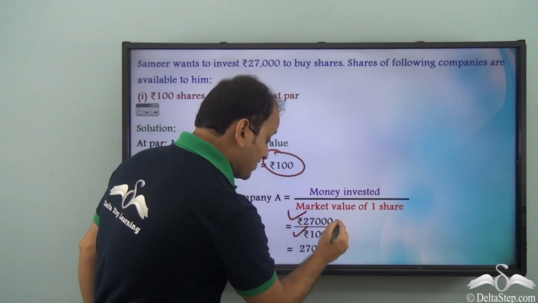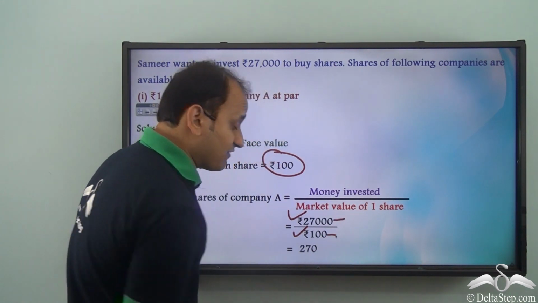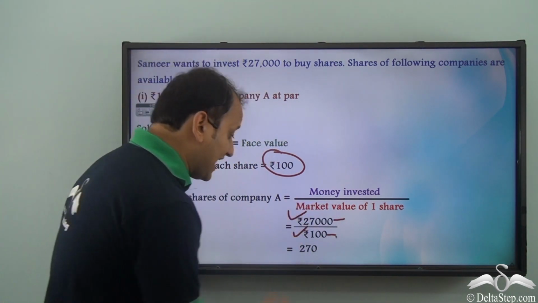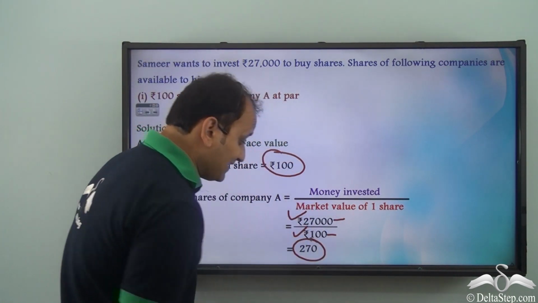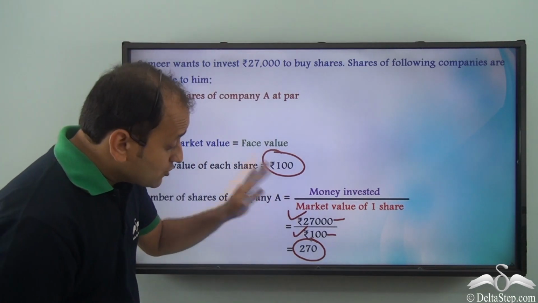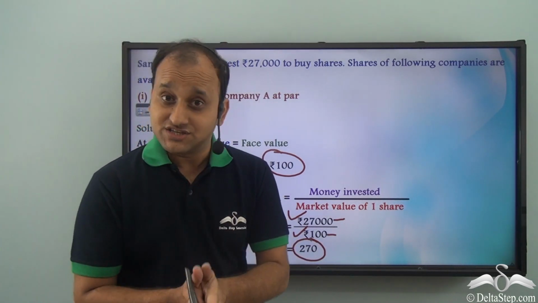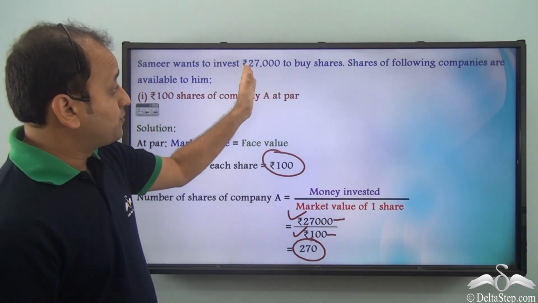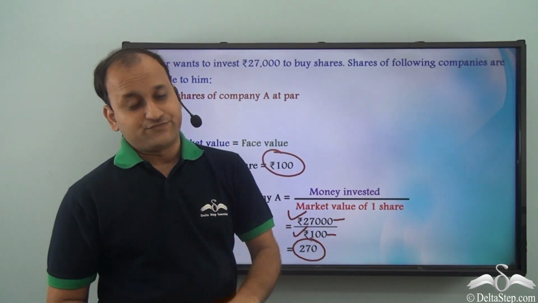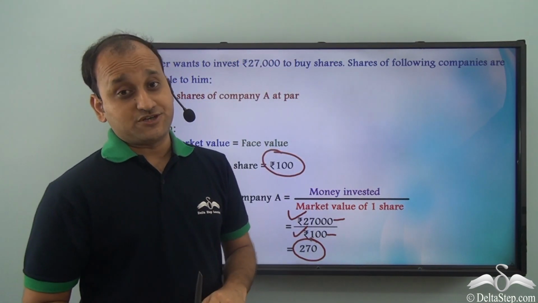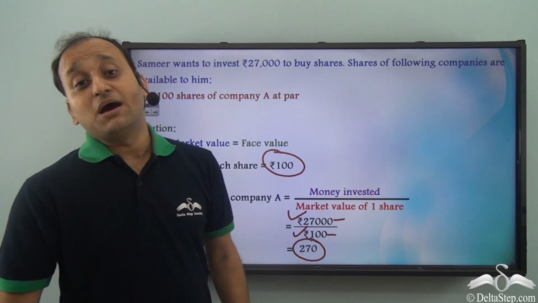So this is the amount invested and this is the market value of one share. When we divide that, we get 270. So 270 shares can be purchased for rupees 27,000. So this is the first option. Now let's go to company B.